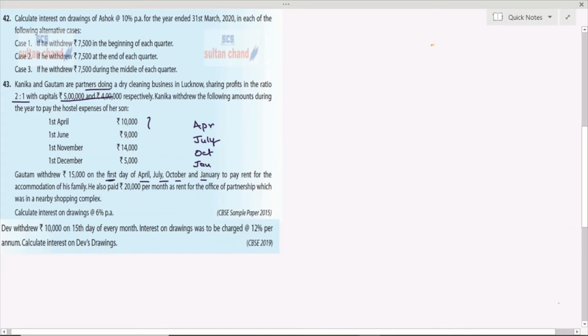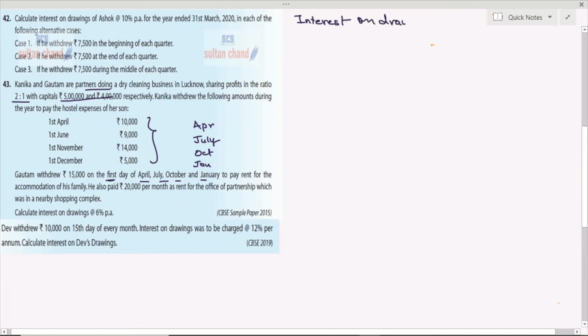But for this question we are using the product method. The reason is very clear: it is not showing me any quarter distribution, and also the dates and amounts are both different. To use that average period method, you have to have the same amount withdrawn.